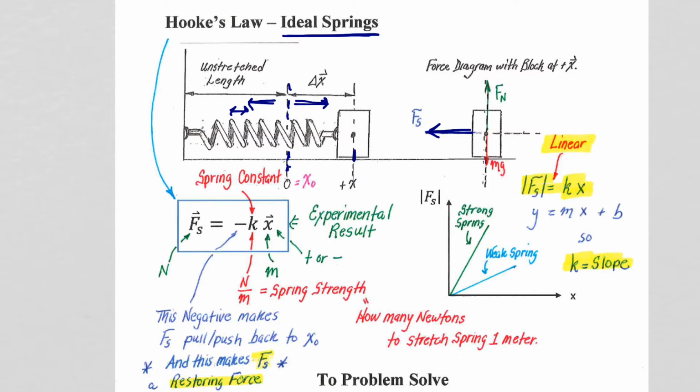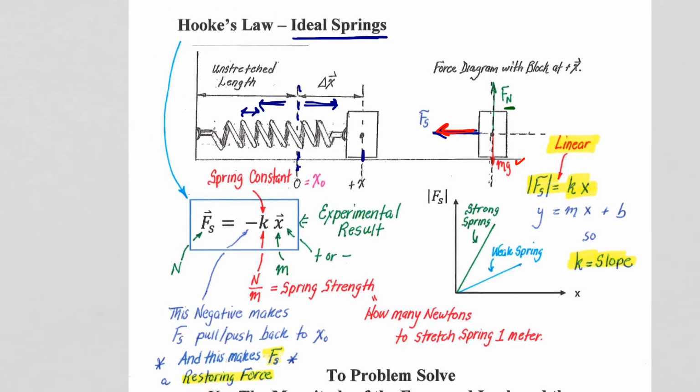So what we have over here is simply the force diagram. If there's no friction between the block and the ground, the only force acting on it would be the spring force pulling back to the 0. We have gravity mg, and of course the normal force keeping the block from sinking into the ground.